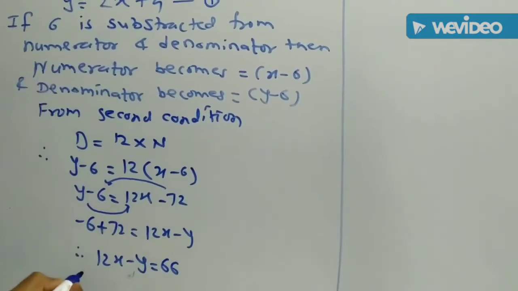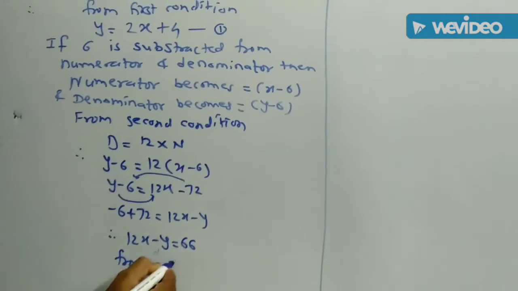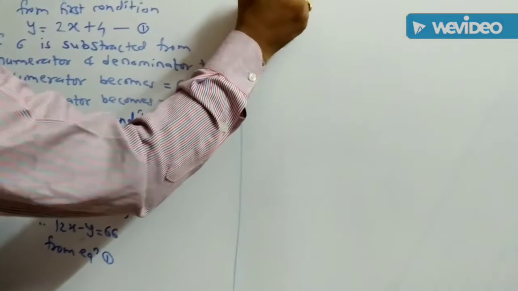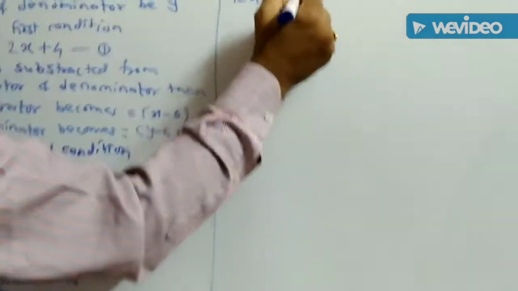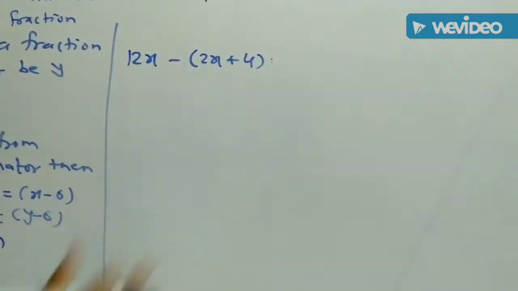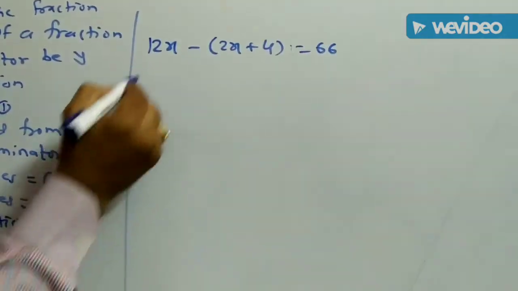Now from equation 1 we can directly put the value of y. That is, 12x minus y, that is 2x plus 4, is equal to 66.